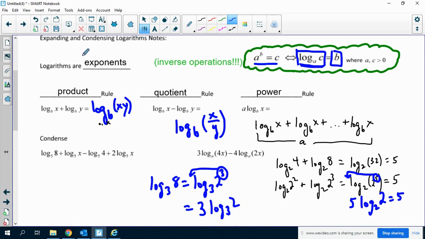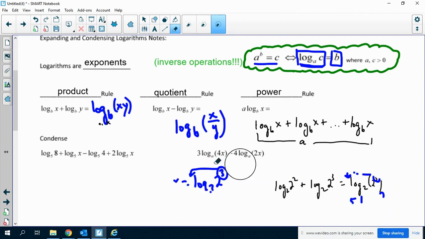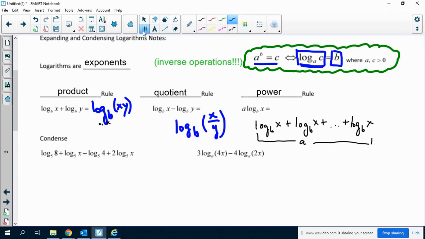I can take this and move it to the front. Now, why ultimately is that? Because if I take this little thing that I had over here, and I just used some examples, but if I apply the rule that I had over here with the product rule, what I can do is rewrite this as log base b of, if I add a copies of them, I would end up being able to put them inside of the log all multiplied together.